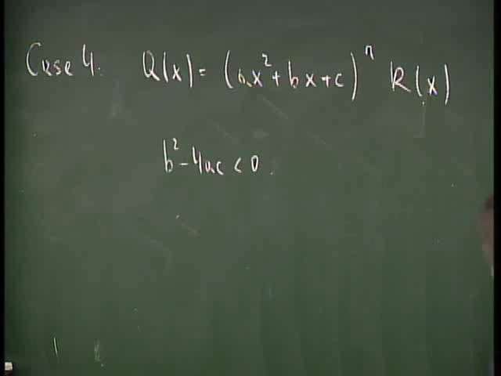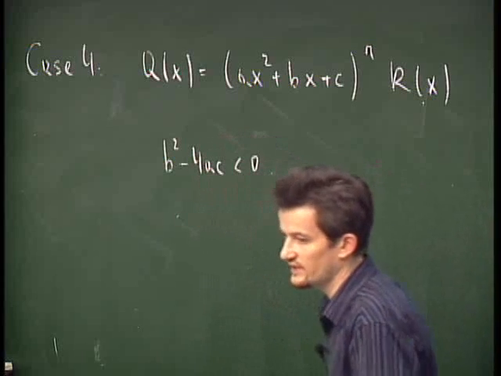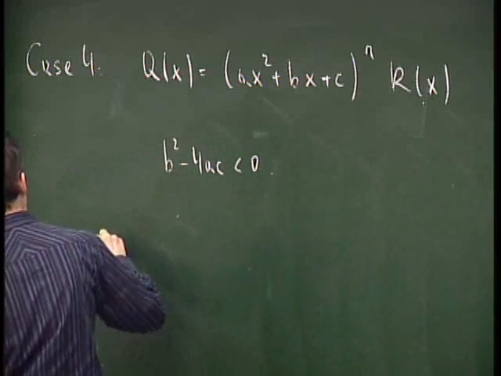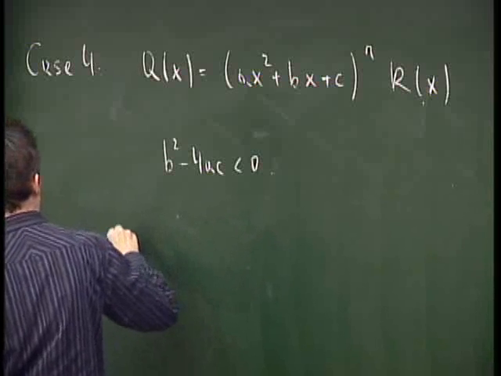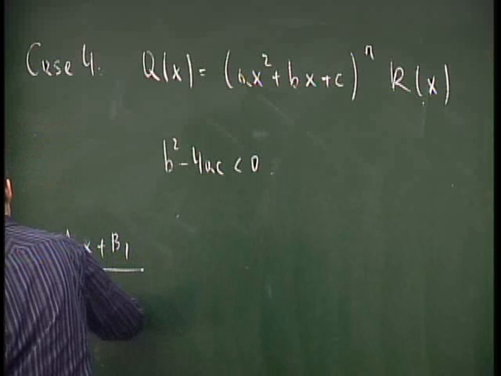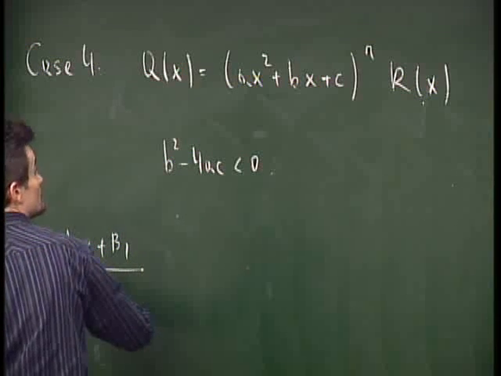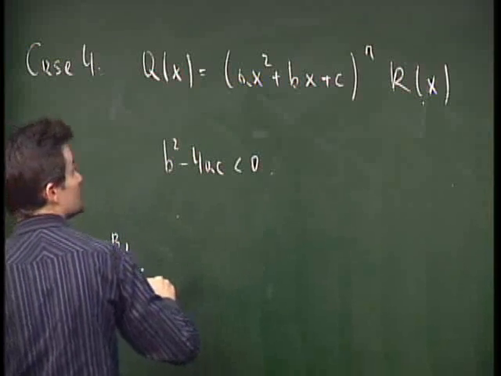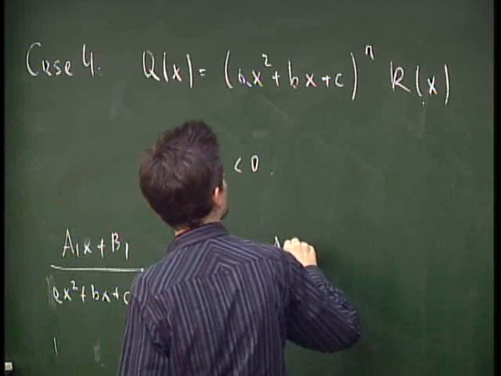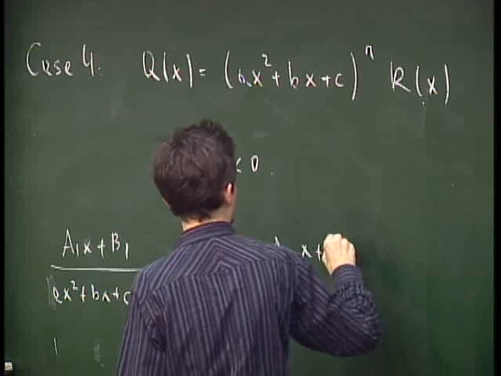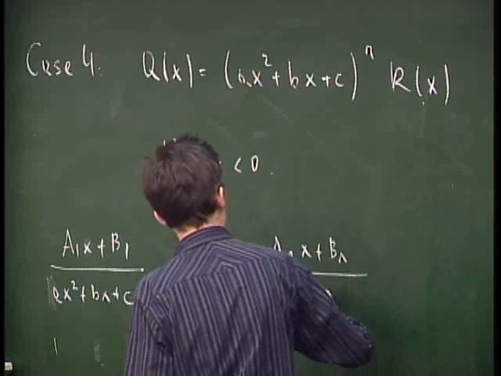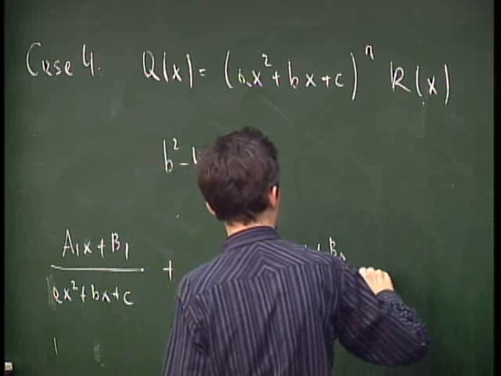Now, in this case, when you set up the problem, you have to choose a1x plus b1 over ax squared plus bx plus c, plus and so on, plus arx plus br over (ax squared plus bx plus c) to the r.